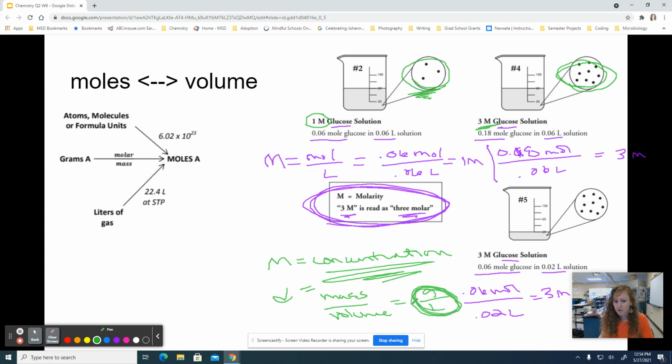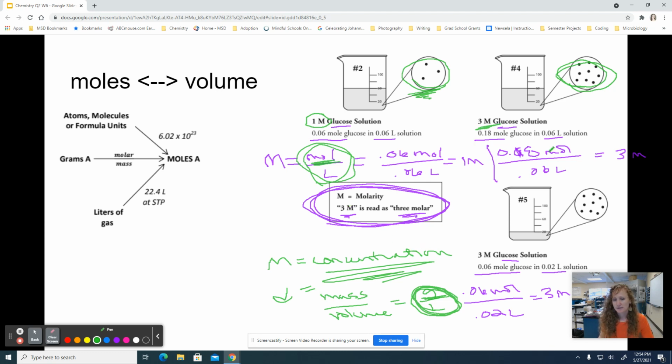Density is grams per liter. Molarity is moles per liter. So density is the mass in a certain space. Molarity is the number of counted particles in a certain space. So they're very similar, but one's dependent on mass and one's dependent on counted particles. So they're a little bit different in that way as well.